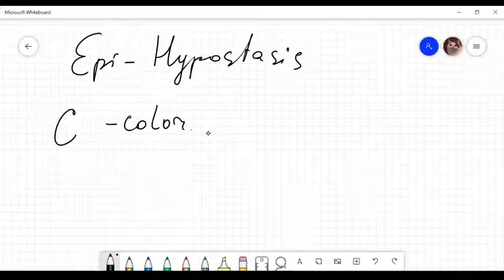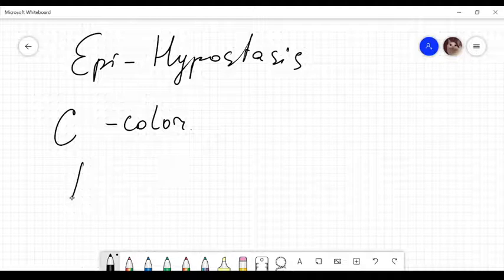Color in feathers, but the inhibition gene I prevents the development of color. No color.